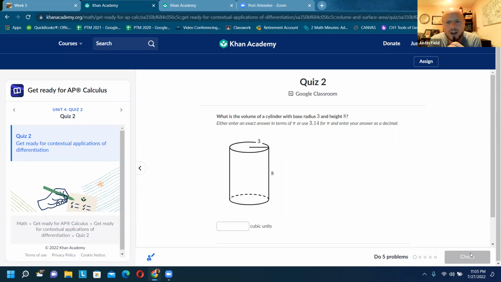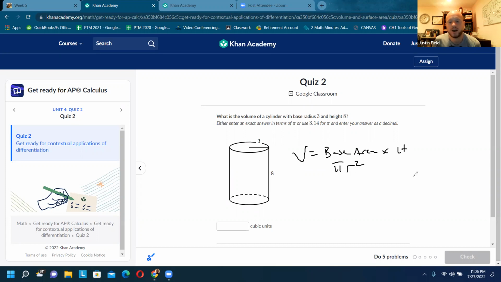Okay, so what is the volume of a cylinder? Come on now, you know the cylinder formula. All the volume formulas you want to think of as the base area. So find the area of whatever shape that base is and multiply it by the height. So we know the area is pi r squared, and we know the height is the height.